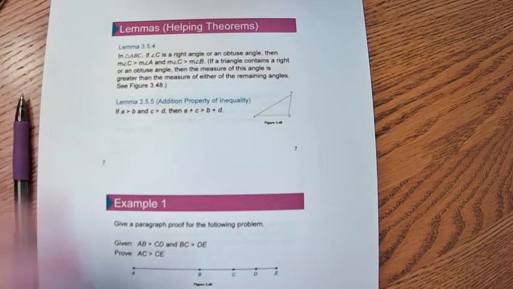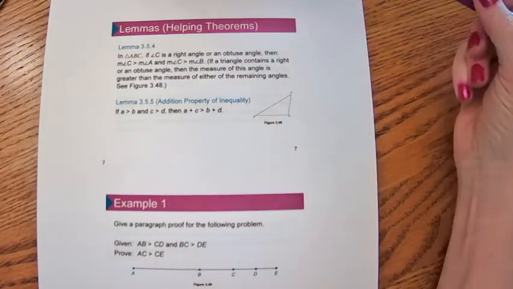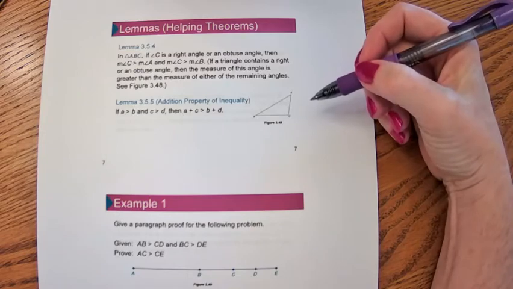So this next lemma in section 3.5 is specifically about right angles or obtuse angles in a triangle.